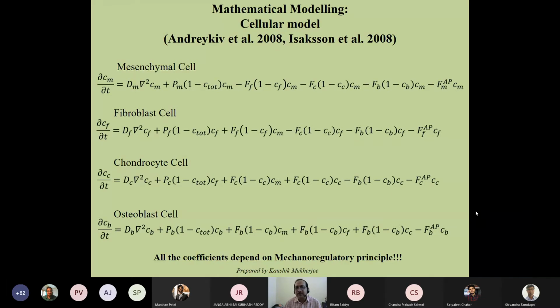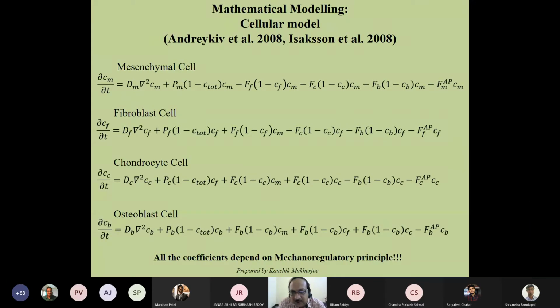So yesterday we were discussing the mathematical model, the cellular model, where there is a detailed procedure of cell migration, proliferation, and cell differentiation from mesenchymal cells, MSC, from fibroblast cell, from chondrocyte cell, from osteoblast cell.